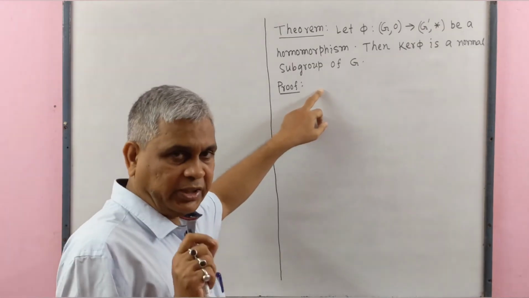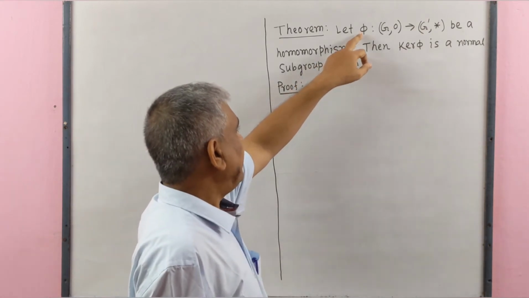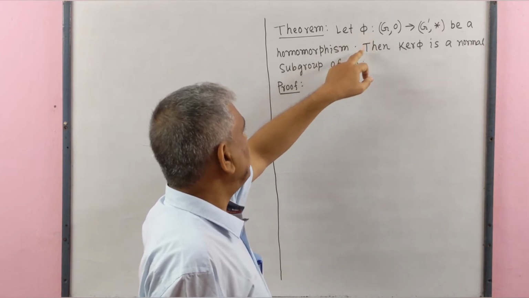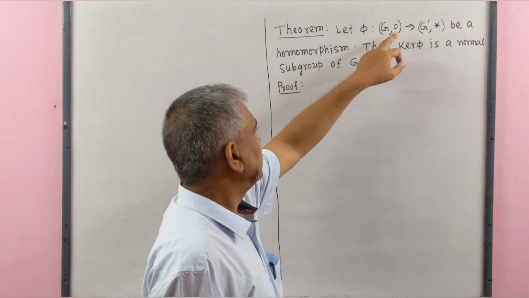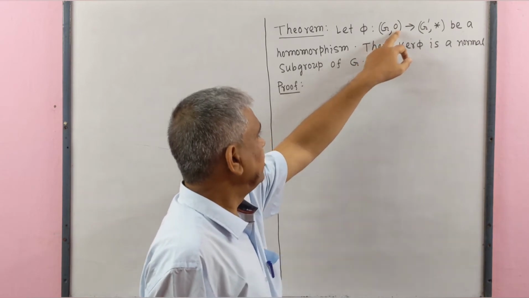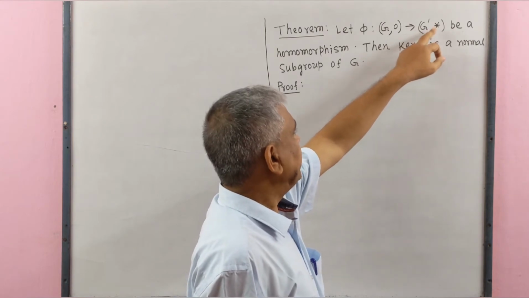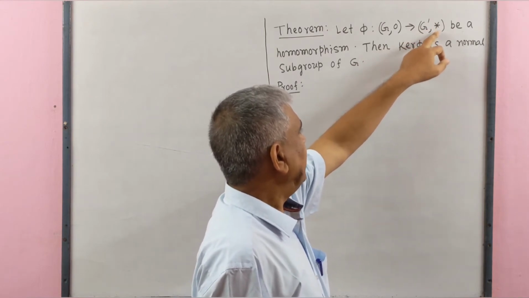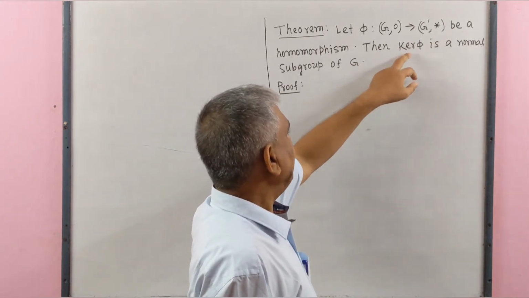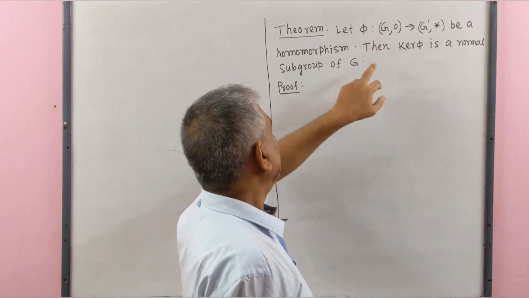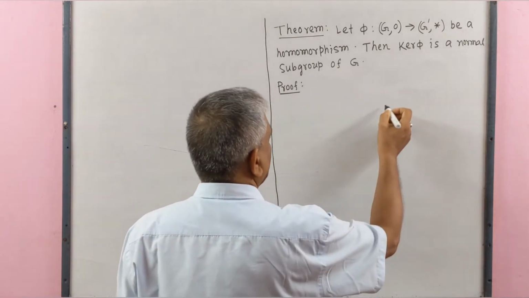Now we prove a theorem. Theorem: let phi be a homomorphism defined on a group G with given binary operation into another group G' with another binary operation. Then the kernel of phi is a normal subgroup of G. Now we prove this.